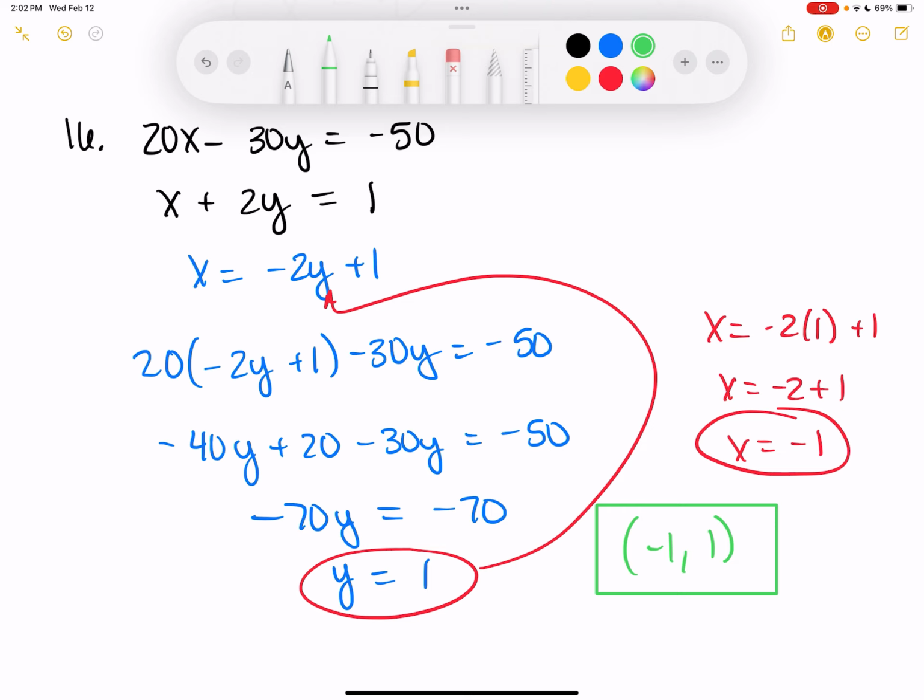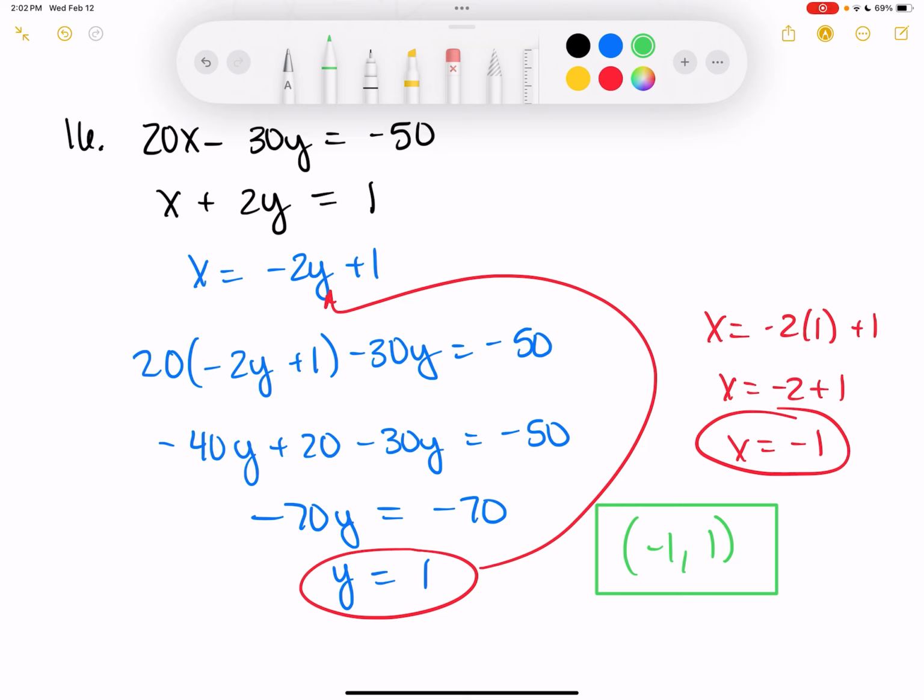Combine like terms: negative 70y, and I subtracted the 20 over, equals negative 70. Divide by negative 70, so y equals 1. Then take that and plug it into y up here. So x equals negative 2 times 1 plus 1, which is negative 2 plus 1, or negative 1. So we get the point negative 1, 1.